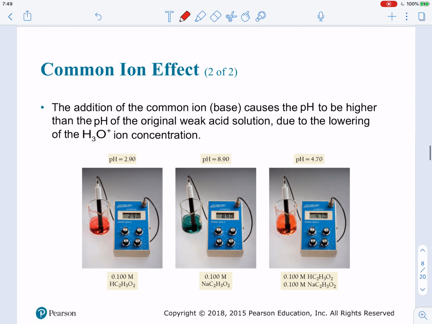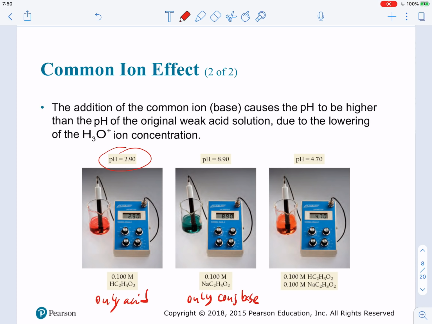Here is just a graphical example of what happens in these two situations. In one case, you have only acid. In the other case, you have only the conjugate base. With only the acid, you are at pH 2.90.